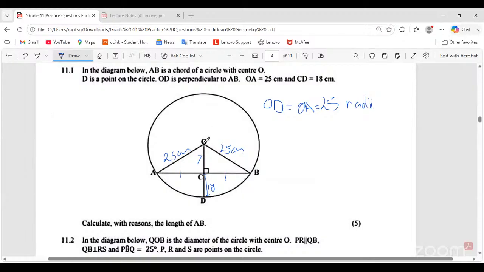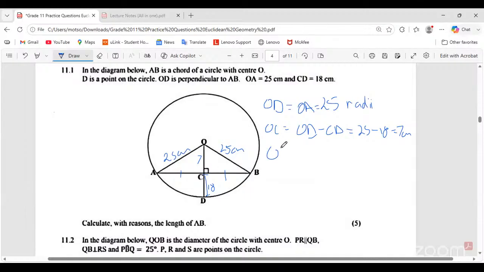Now, to get OC, we set OD minus CD. We are given CD. What is OD? It is 25. What is CD? It is 18. Now 25 minus 18 is 7 centimeters. We want AB, but we can use Pythagoras theorem to find AC, right?